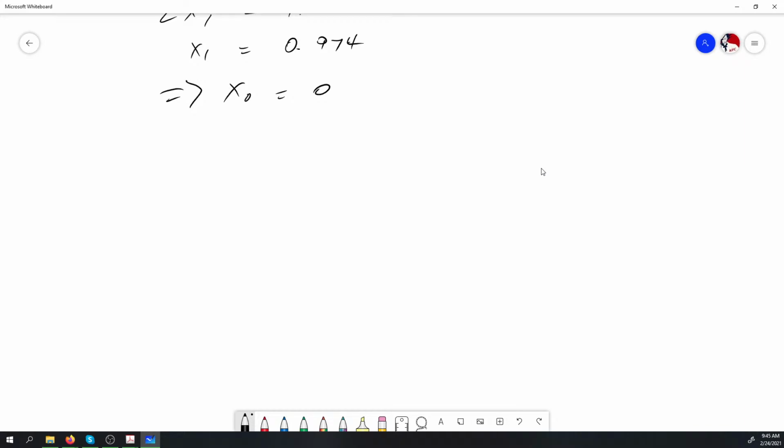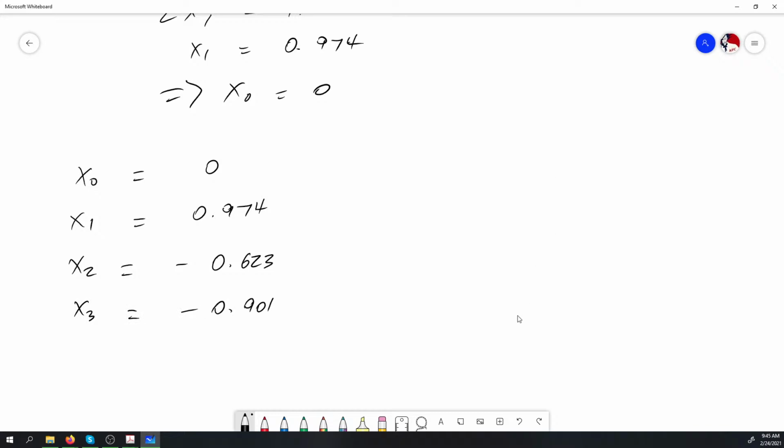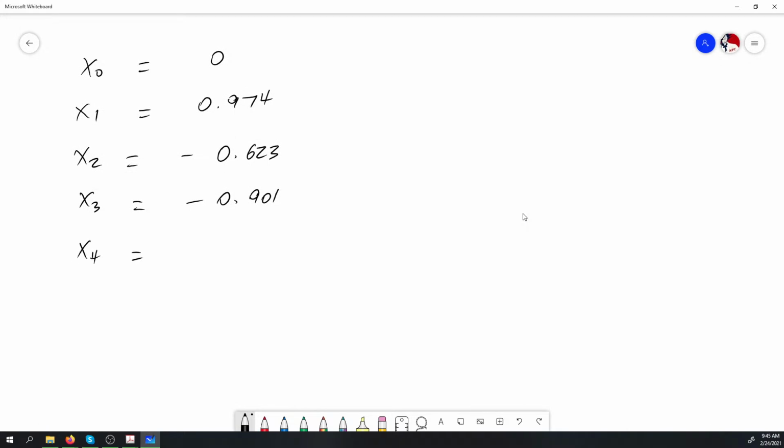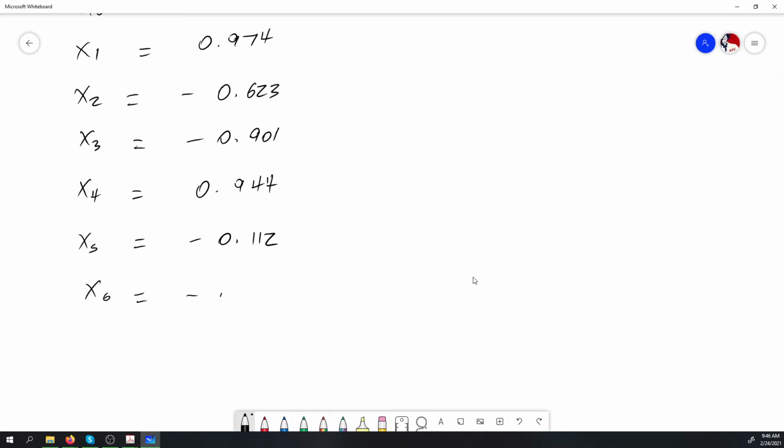So x0 here is 0, x1 here is 0.974, x2 here is going to be minus 0.623, x3 here is going to be minus 0.901, x4 here is going to be 0.944, x5 here is negative 0.112, x6 here is going to be minus 0.532, x7 here is going to be 0.707.